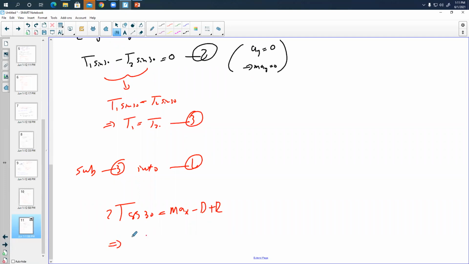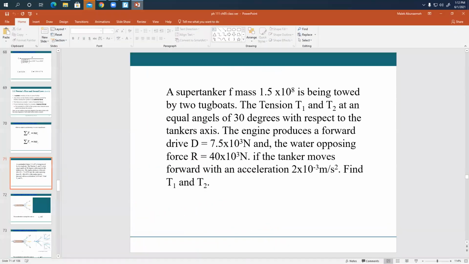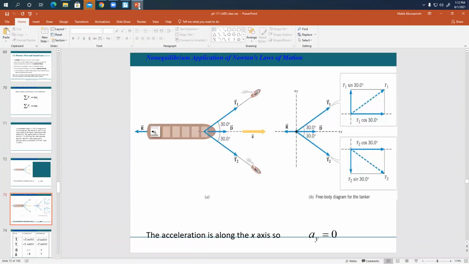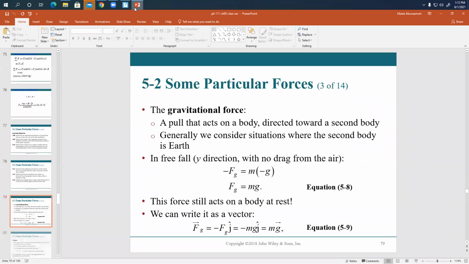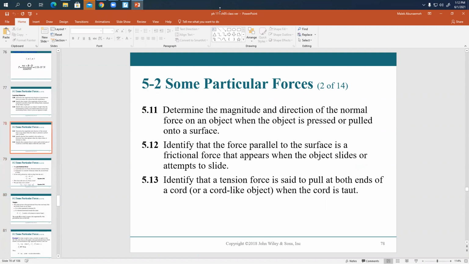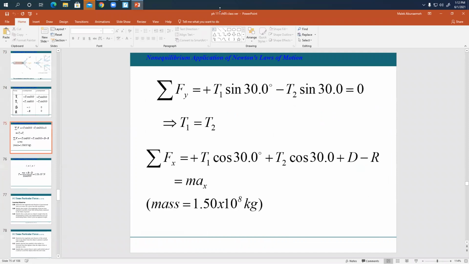So that means your tension is going to equal MAx minus D plus R, divided by 2 times cosine 30. And if we plug that in, we should get 1.53 times 10 to the 5th power newtons. Yep, we are good.